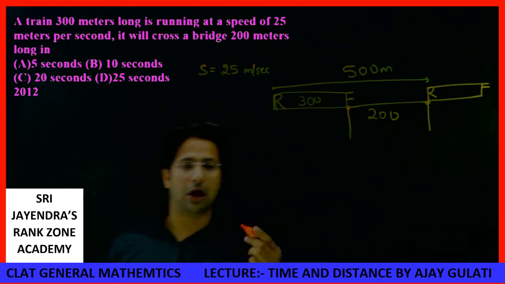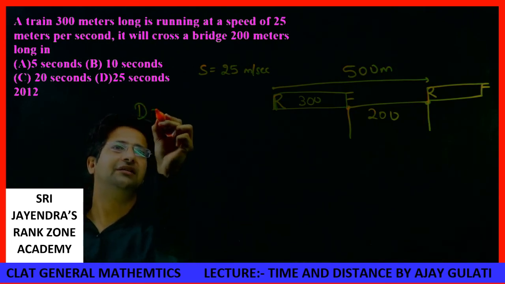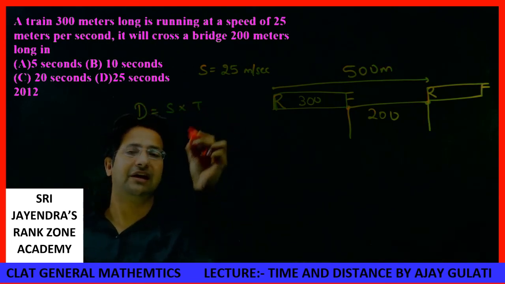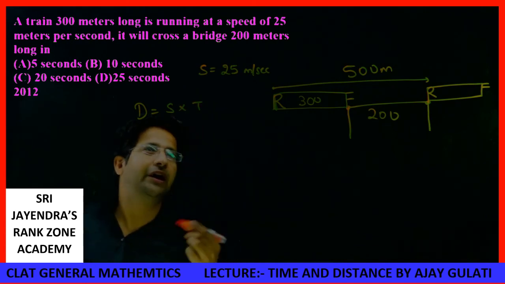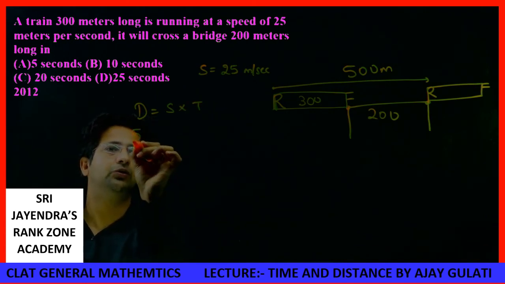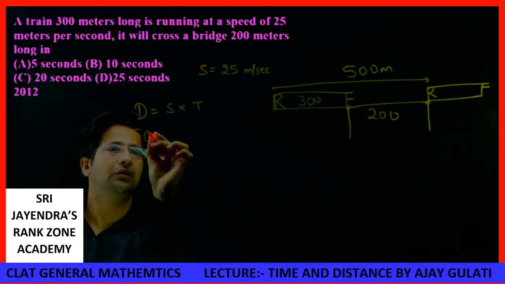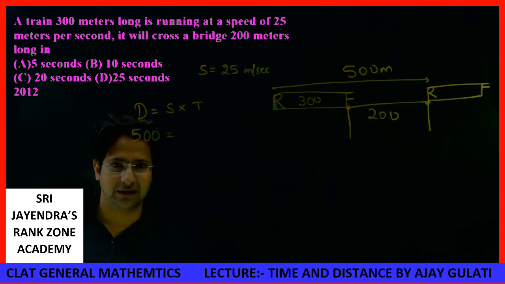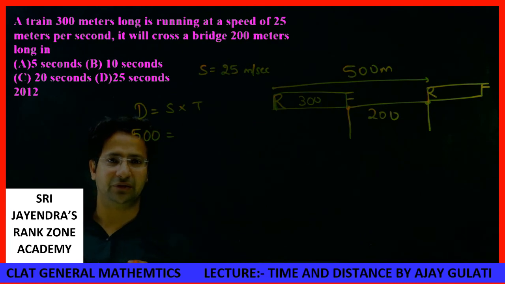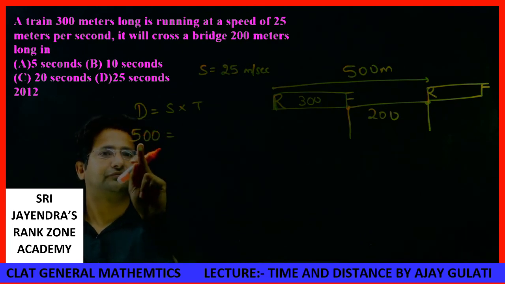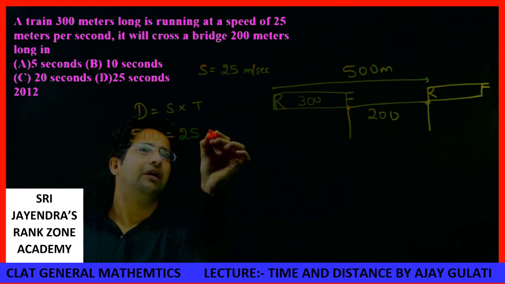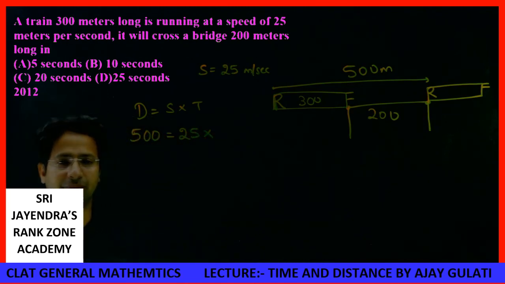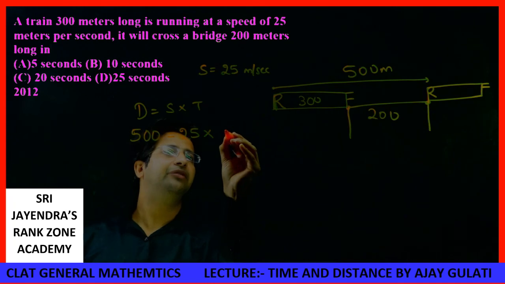Okay. Now we know distance is equal to speed into time. We were asked the time. It will cross a bridge 200 meter long in how much time? So distance is equal to 500. Speed is equal to 25 and time is equal to, we need to find.